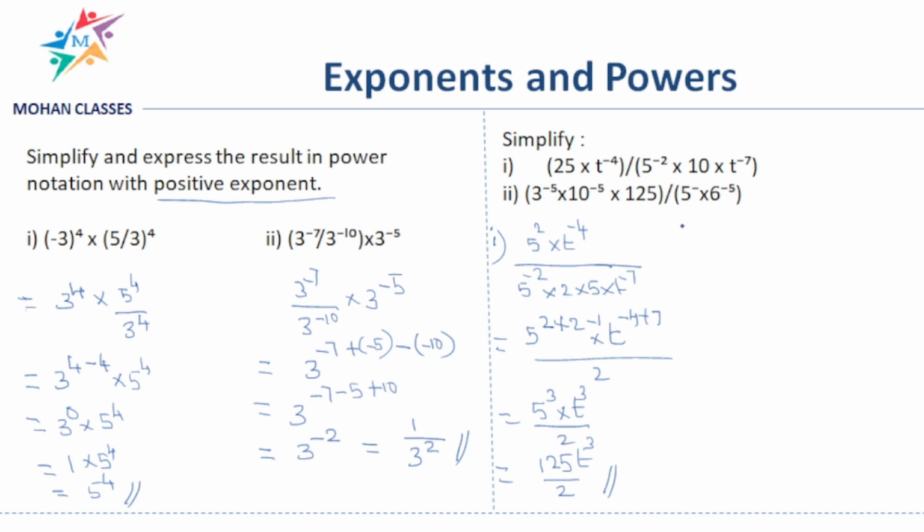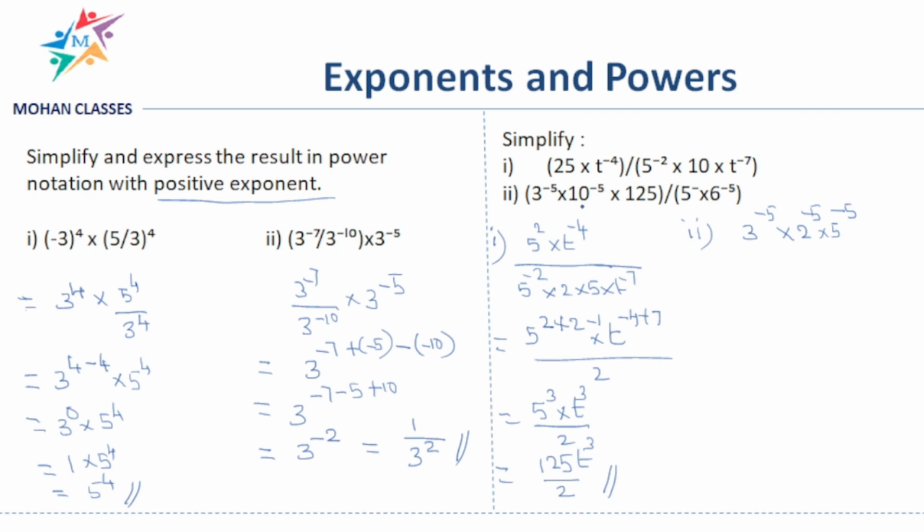What about the second one? 3 to the power of minus 5 into 10 to the power of minus 5. How am I going to write this? 2 to the power of minus 5 into 5 to the power of minus 5.